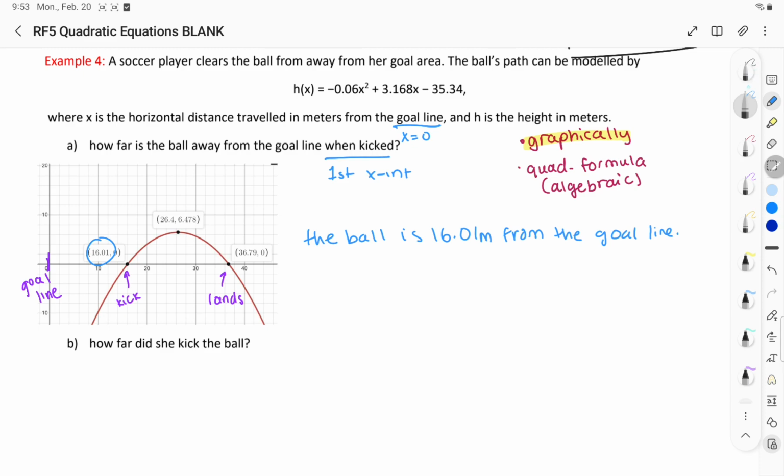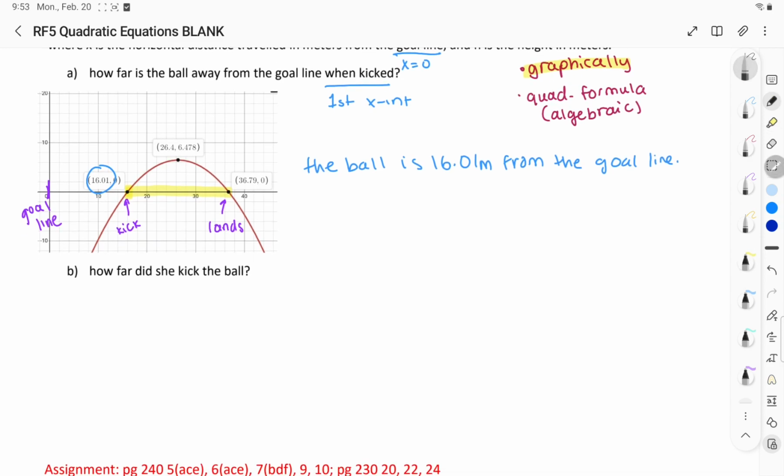How far did she kick the ball? Well, what am I looking for here? I'm looking for this distance. I want to find the space between both of those x-intercepts. So what I'd like to know is I want to find land minus kick.